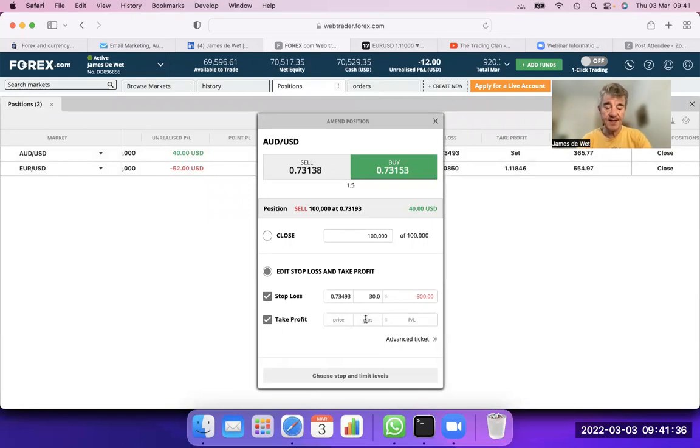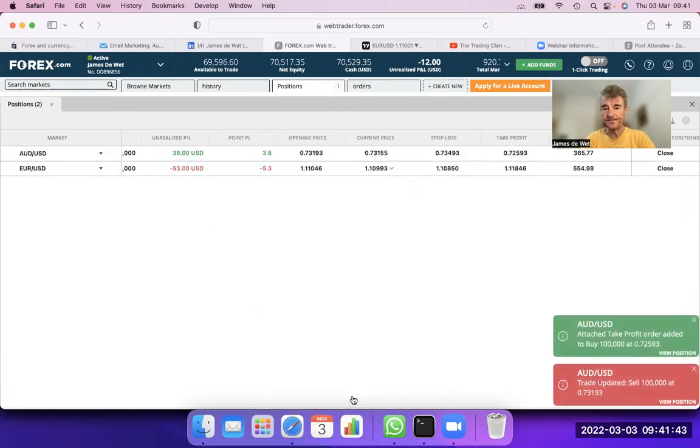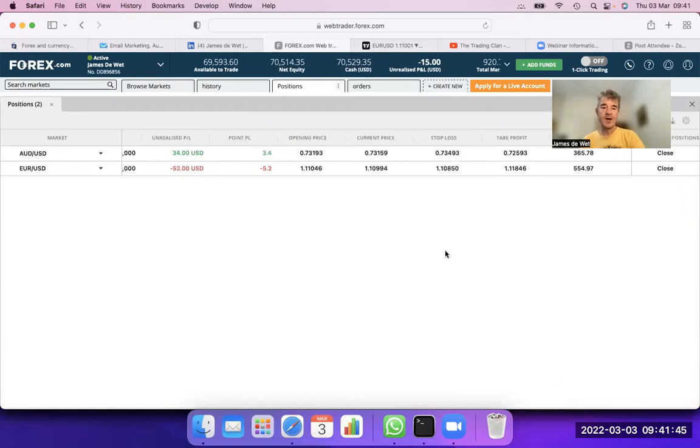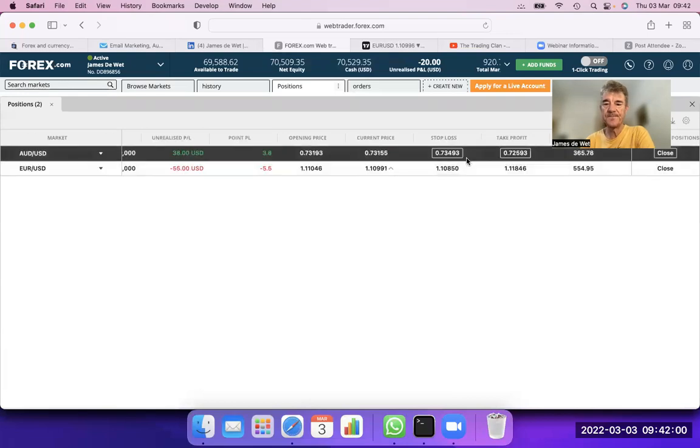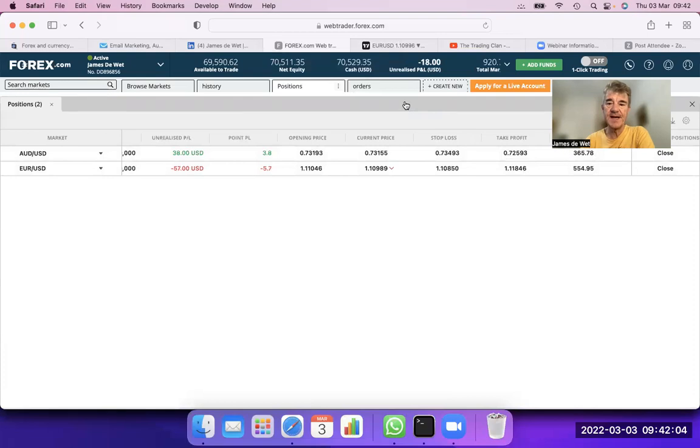Just so there's one in here, if I happen to be away from my screen or if I can't exit when I want to because I'm focused on something else or I've gone to the kitchen to make a sandwich. Those are all in. So two trades, one up, one down. Australian dollar, we're going down. Euro, we're going up against the US dollar. I've got stop losses and take profits in for each.